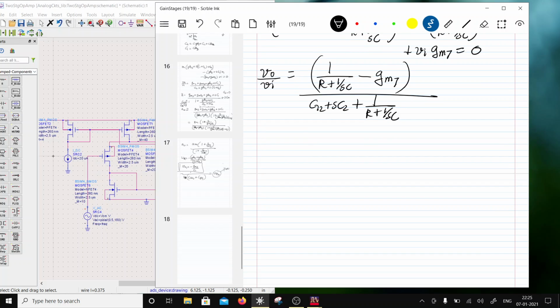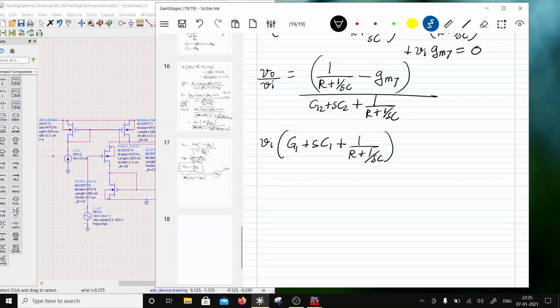Now let's look at the input node. Input node VI times the conductance connected, that will be G1 plus SC1 plus the adjoining node, 1 over R plus 1 over SC, right? So that would be there.